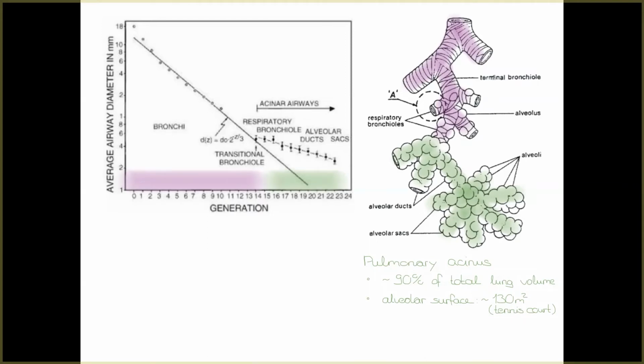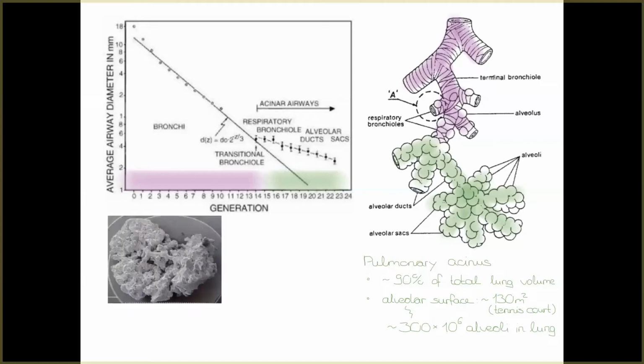It's basically immersed by little blood vessels, the capillaries through which the red blood cells flow, and there the gas exchange occurs. And there are about 300 million alveoli in the lung. This is now a picture of this cauliflower, one of these pulmonary acini.